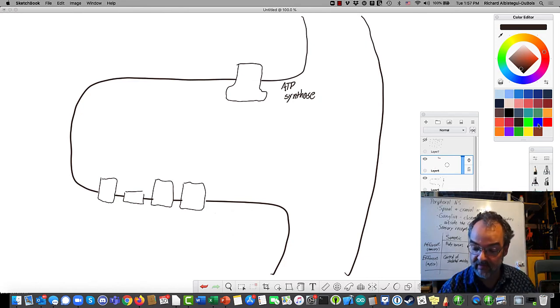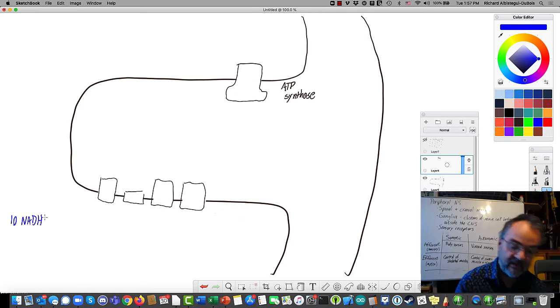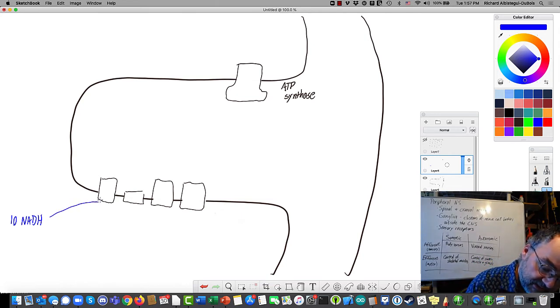Okay, so from the previous steps, we had a total of 10 NADH here. They needed somewhere to put their electrons, those high energy electrons they're carrying. That turns out to be the first protein in the electron transport chain.